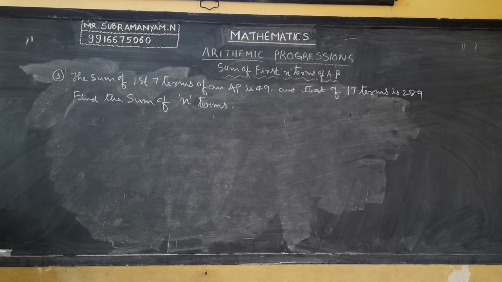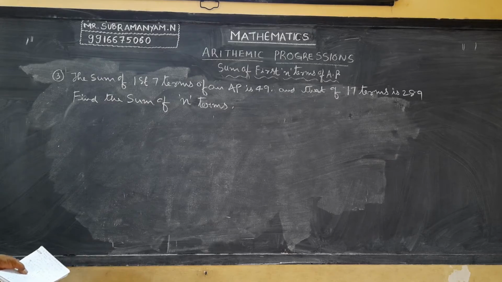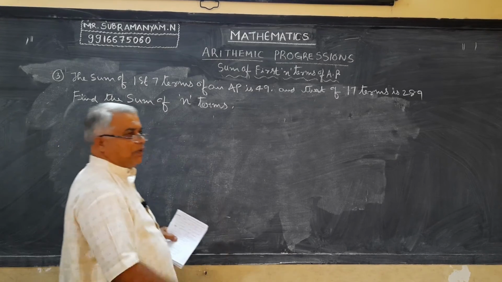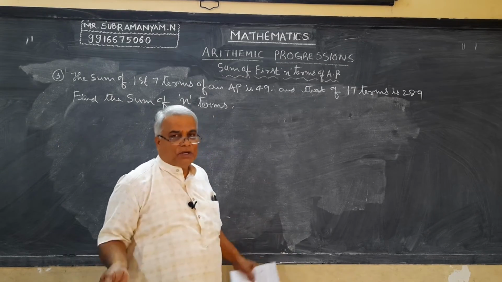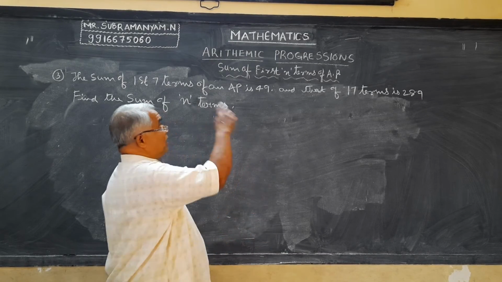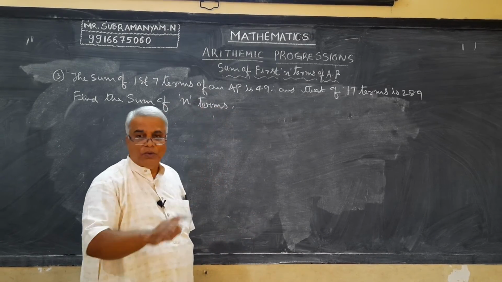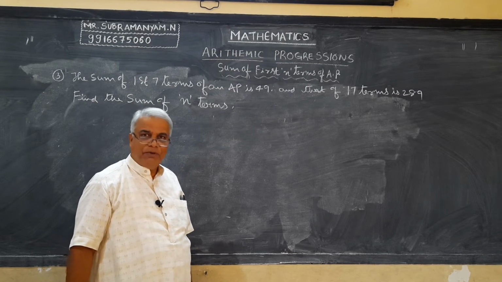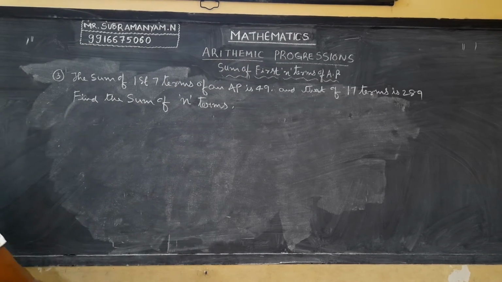That means you must find the value of Sn. We have learned 3 formulas for Sn. That is the general formula. You must find Sn, a special formula for this problem only. Okay, shall we do it? Now, let us see what are the things that we know here.